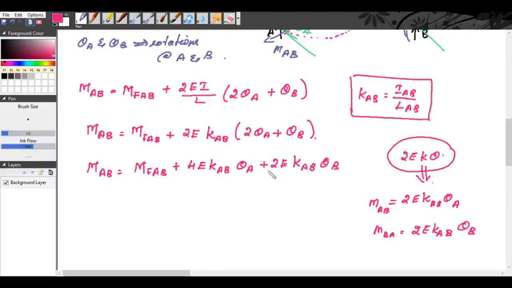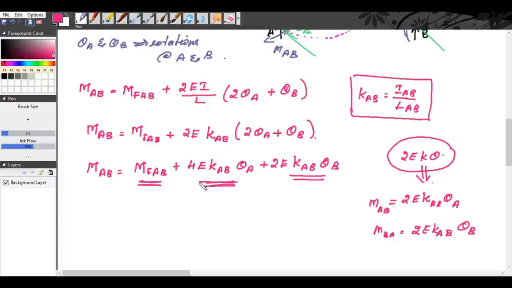All these moments, that is this fixed end moment and these two rotational contributions, are contributing to this moment MAB. So this is the fixed end moment.